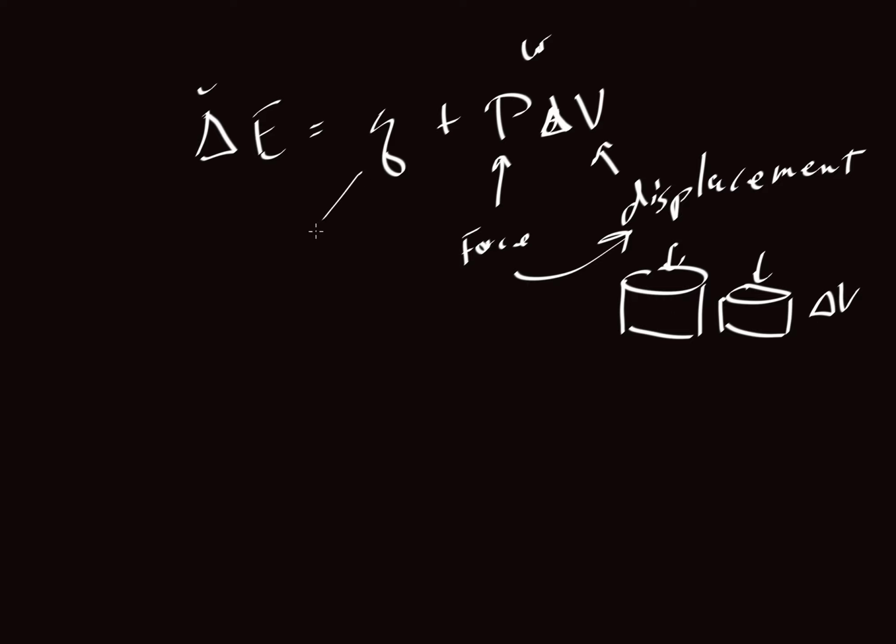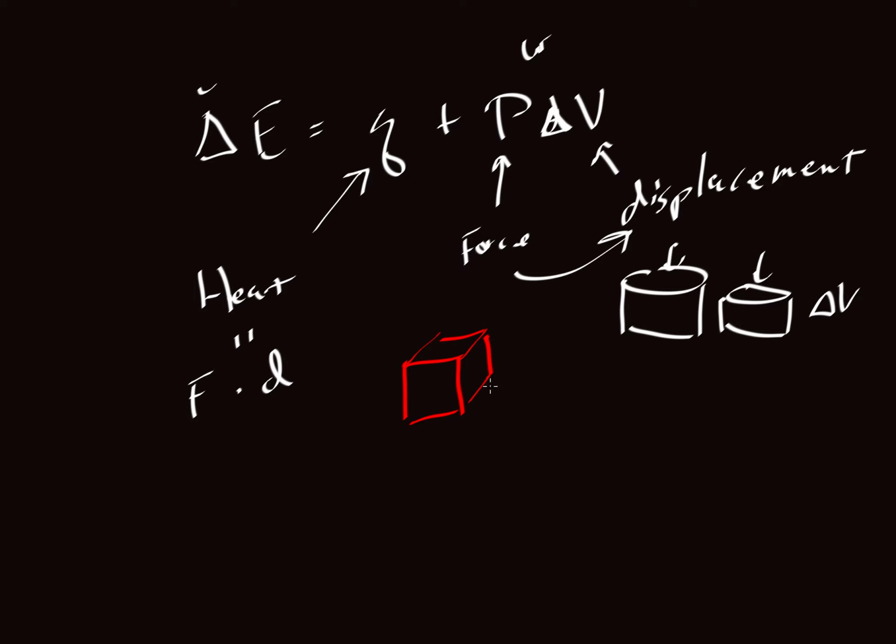Well, we can apply the same concept over here, where we can think of heat as equal to some force multiplied by a displacement of some sort. So what would be these forces or these displacements? Well, let's say we had some really hot material here.